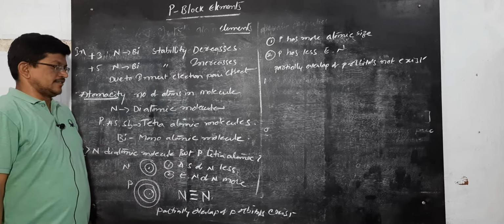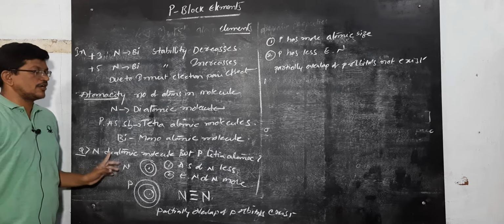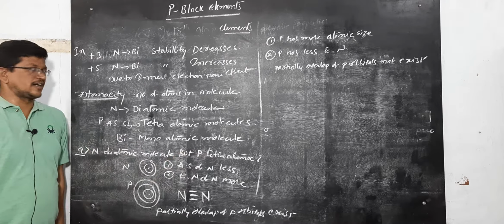Due to this reason, nitrogen is a diatomic molecule and phosphorus is a tetraatomic molecule.